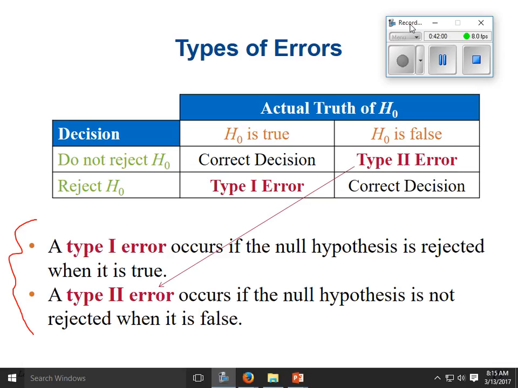Type 1 error occurs if the null hypothesis is rejected and it is true. So we say we're going to reject the null and we figure out, hey, it was right. This happens a lot with medicines. You get some medicine and maybe it actually does cure what it's trying to cure, but we reject it.